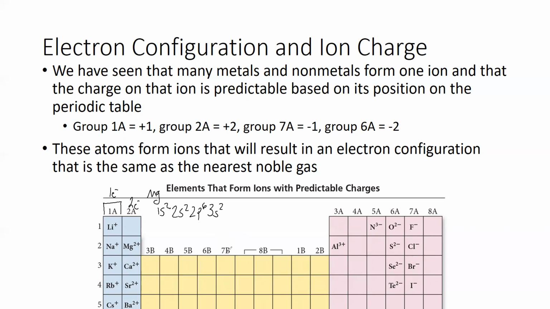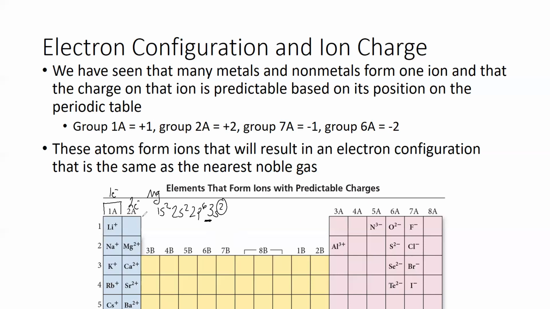Remember, our valence shell is the shell with the highest energy level. Our highest energy level for magnesium is 3, and we have 2 electrons in that shell.